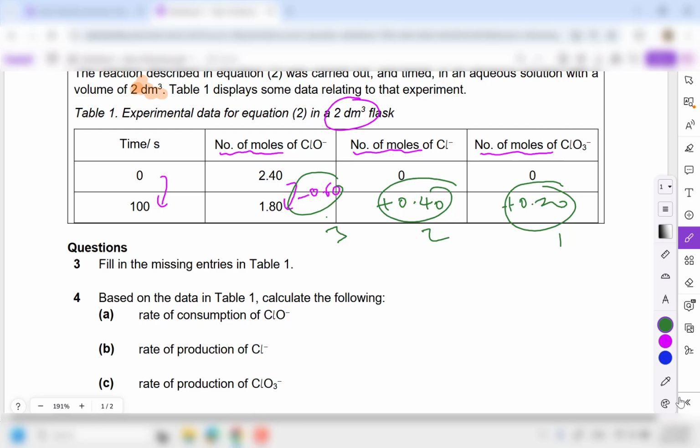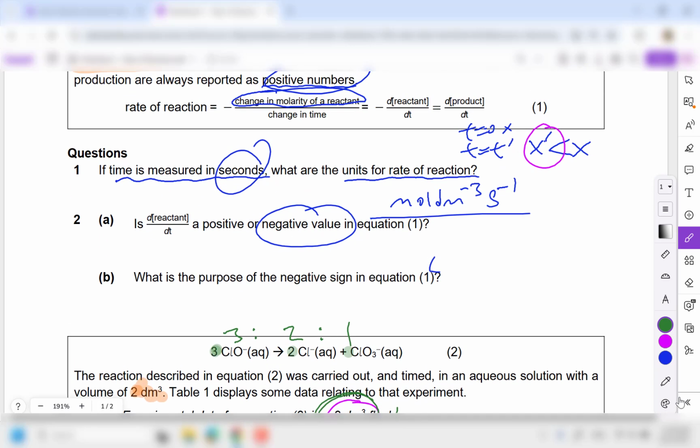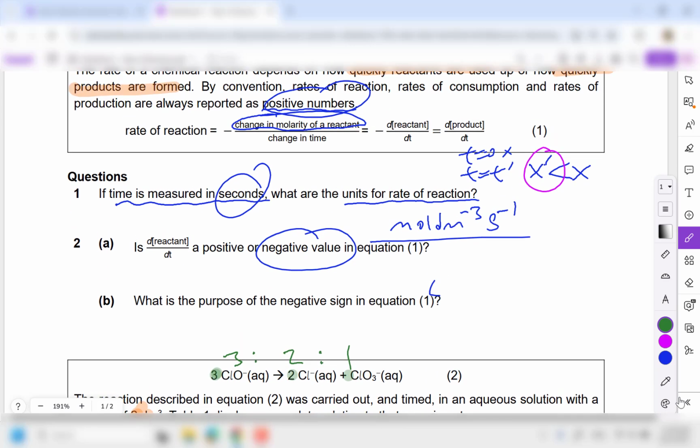So in this case, the rate of consumption of chlorate 1 will be equals to minus (1.80 minus 2.40) over dt, where dt will be 100 seconds. But we need to remember this is the change in amount, and rate of reaction is usually measured in terms of the change in concentration.